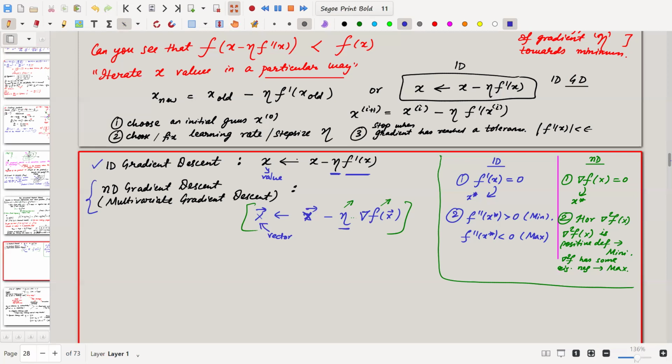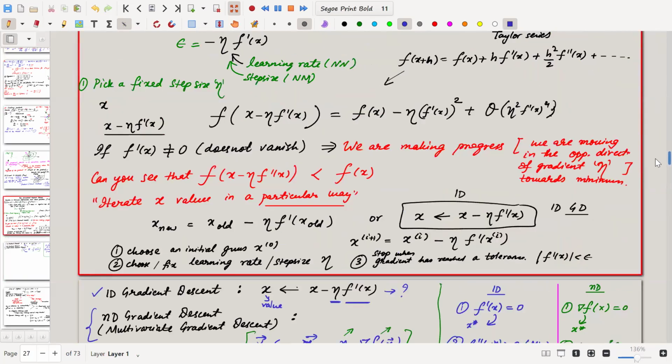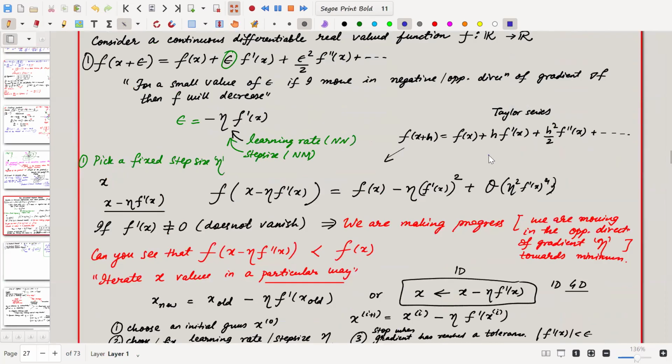Of course, this is a vague way of saying it. How do we prove this? Series expansion, right? Last class, if you remember, this is the Taylor series expansion.